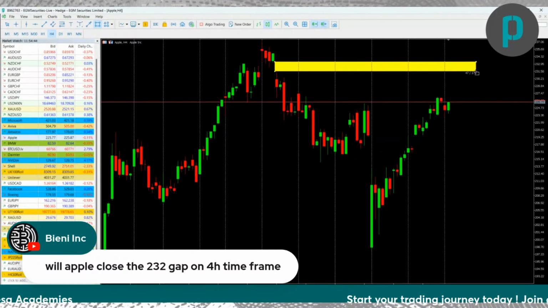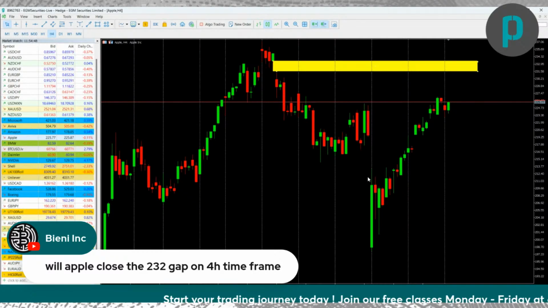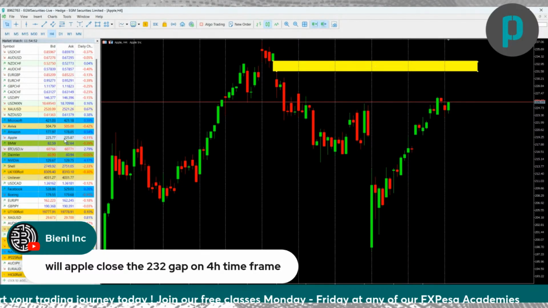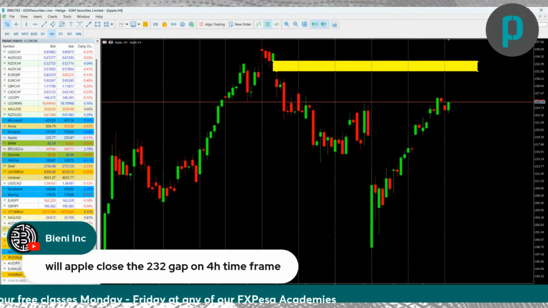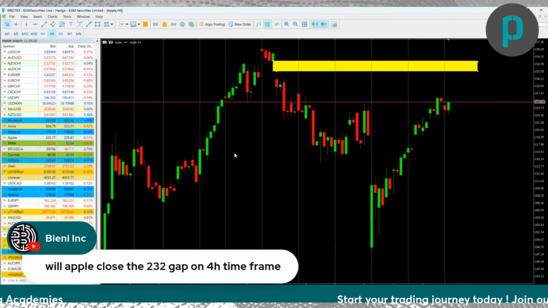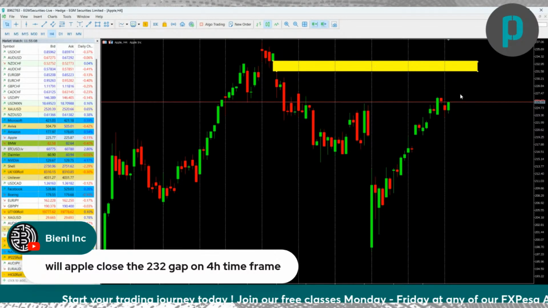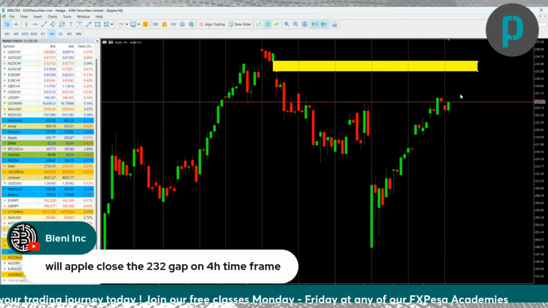So in trading, we know gaps will be closed. For example, this gap has been closed. This gap needs to be closed. So it's most definitely headed to that price level. Remember, Apple is about to bring out the iPhone 16, right? So it all depends on the rollout, and maybe we could see Apple get there. Hope I've answered your question, BN.